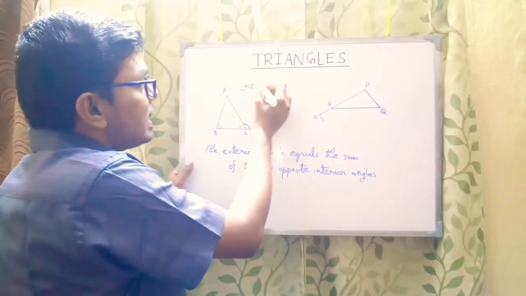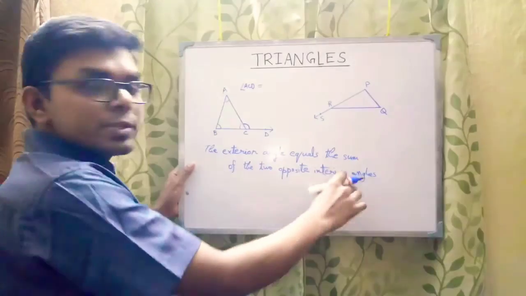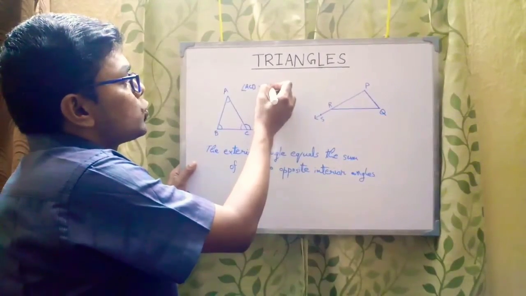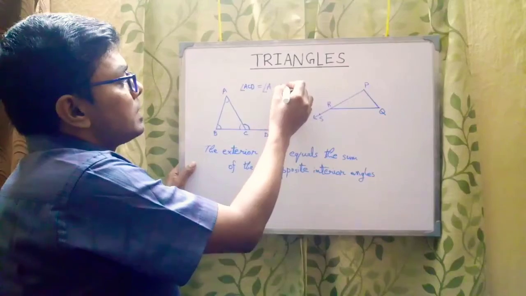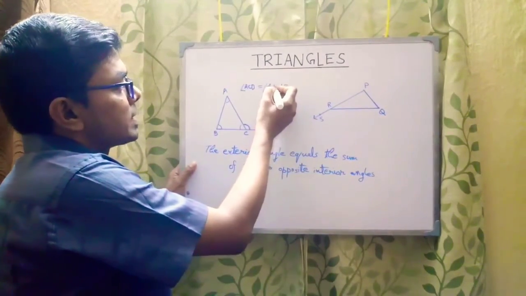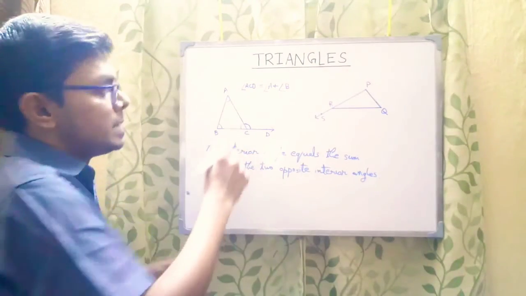So angle ACD equals the sum of the 2 opposite interior angles, angle A and angle B. We put a plus sign here, that is, angle ACD equals angle A plus angle B.